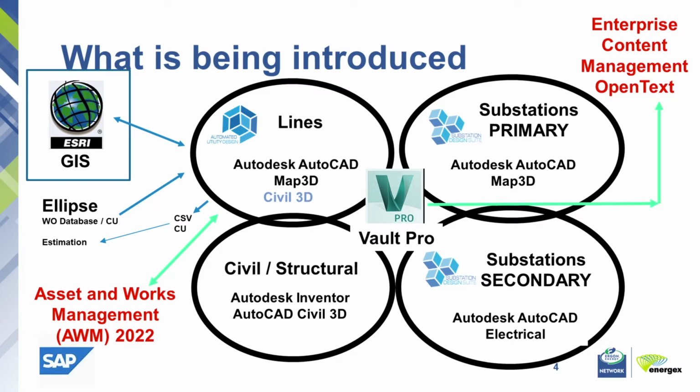For this presentation, we're obviously implementing Inline's automatic utility design. We do have an integration into Esri, our GIS system, and we do have a one-way integration out of Ellipse for our materials and works orders.